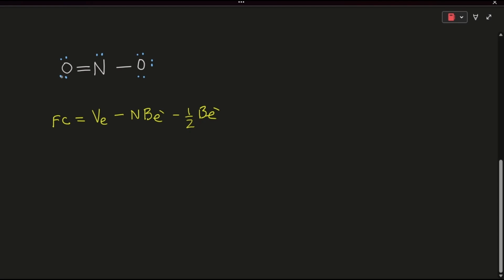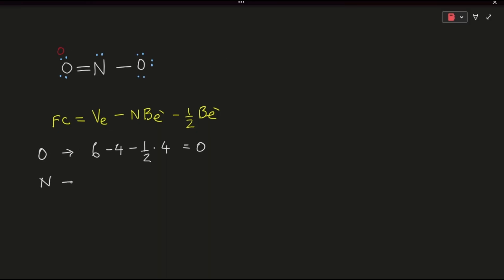Now for this oxygen atom, oxygen has a valence shell electron of 6. It has 4 non-bonding electrons. Then we have 4 bonding electrons over here. So for this oxygen atom, its formal charge is 0. So that is for the first oxygen atom.